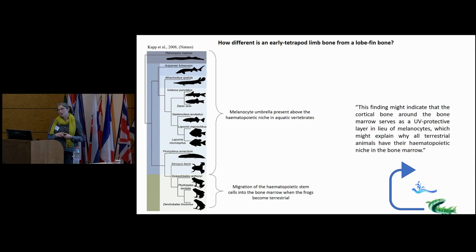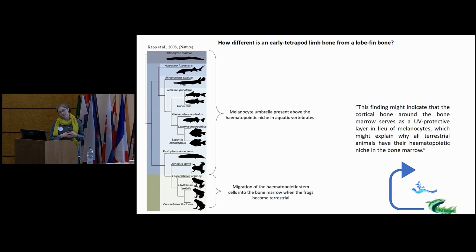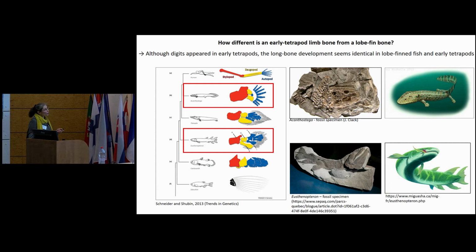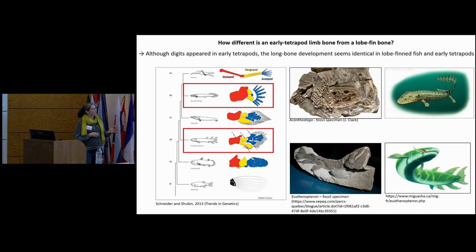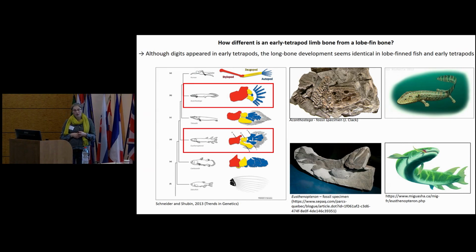So today we are actually investigating that aspect within the fossils to see if that's relevant or not. But if I conclude on the development, although you have digits only within the earliest tetrapods, like Acanthostega, you already have the long bone development present in the bone, like the humerus of Eusthenopteron.